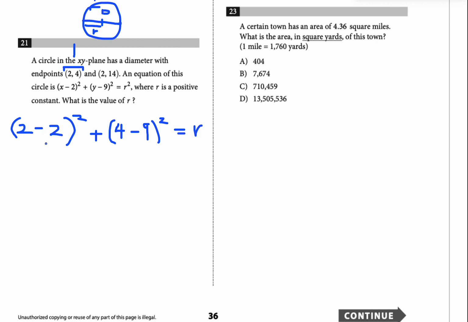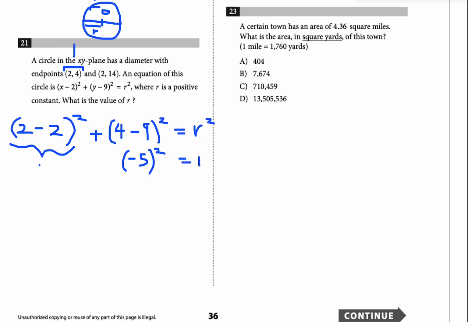So 2 minus 2 would just be 0, and 0 squared would just be 0, so this component goes away. And then we have 4 minus 9, which will give us negative 5. Negative 5 squared will be 25.